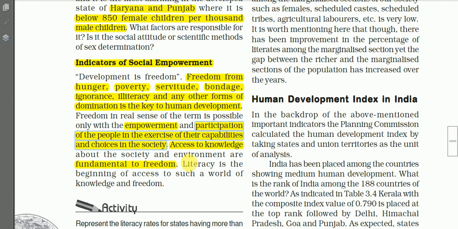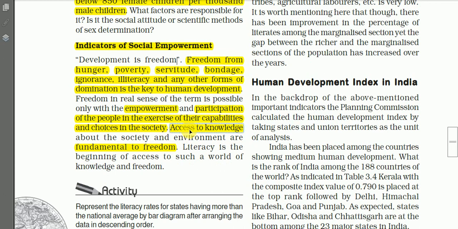How can the people be empowered? Empowerment can be there only when we have access to knowledge, when people are educated and when people know the fundamentals about society and the environment, about the quality of the society's environment.